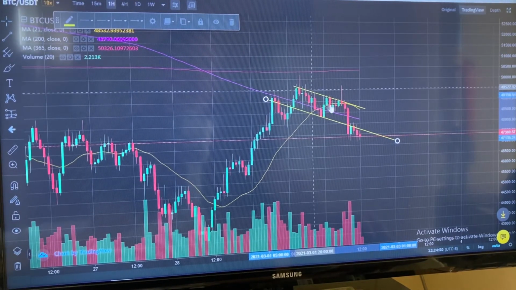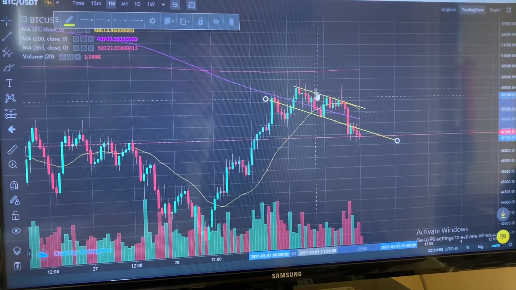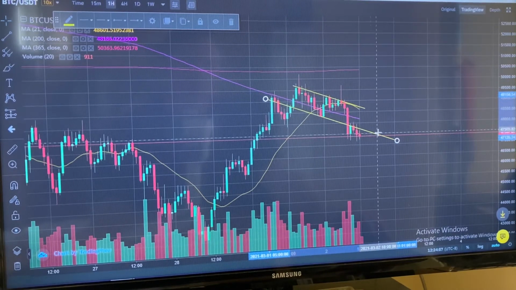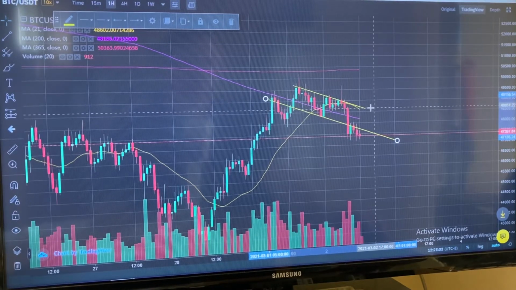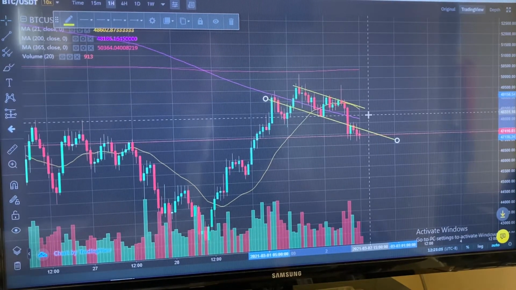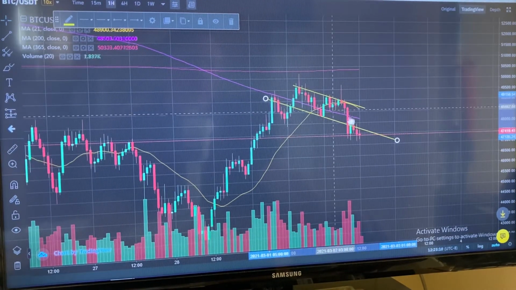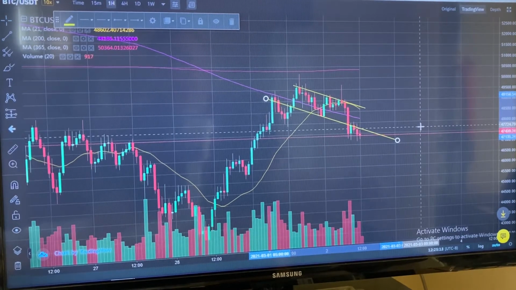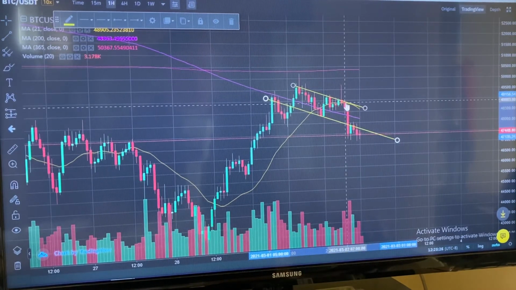But here we are looking at a pattern. Okay, so this is a channel. It's about equal distance between the top and the bottom of the channel, the bottom and the top. Looks pretty even. And it's a descending channel, so it's going down. So with a descending channel, usually what happens is Bitcoin or the currency will go up in price. 64% chance that it will go up.